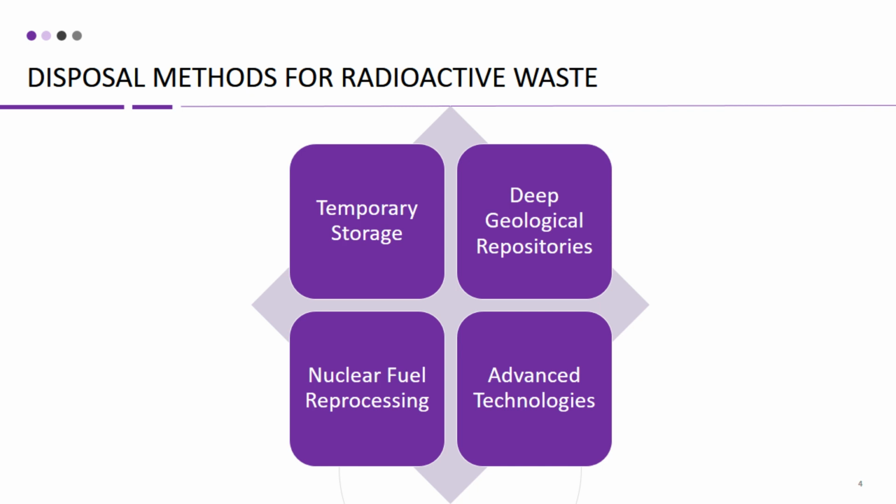The process involves separating the valuable materials from the used fuel rods, such as plutonium and uranium, for reuse in the production of new nuclear fuel. The remaining waste, known as nuclear waste, is typically stored and eventually disposed of using other methods, such as deep geological repositories.